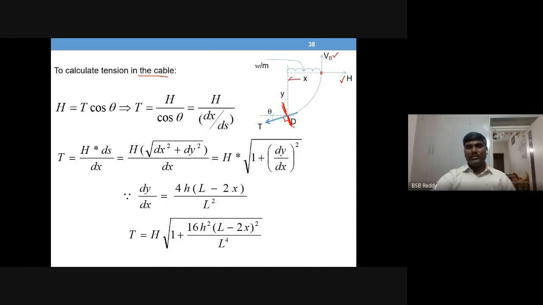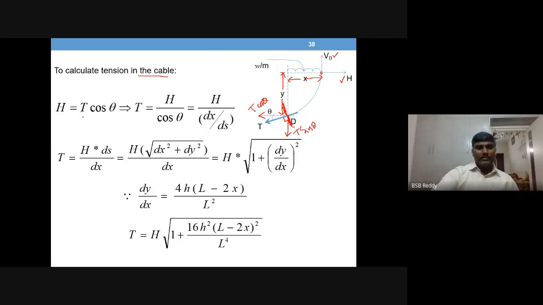So the selected portion is having X span and Y is the vertical distance between that horizontal line and the point selected. So there are two components for T here. This is horizontal T cos theta, T sin theta.